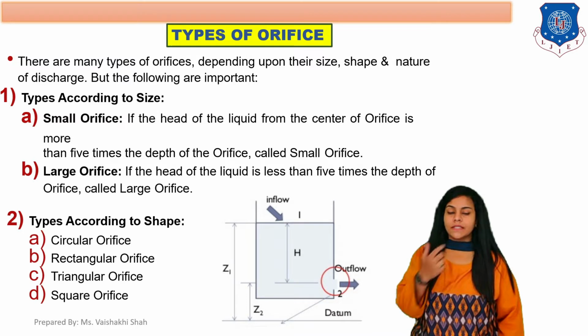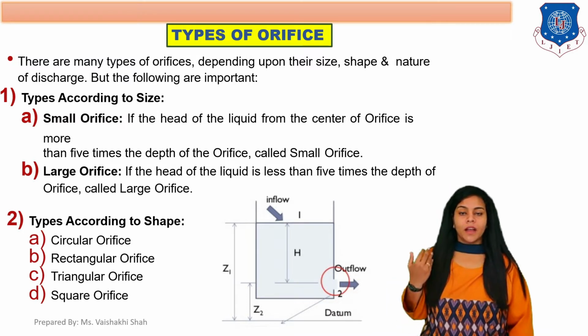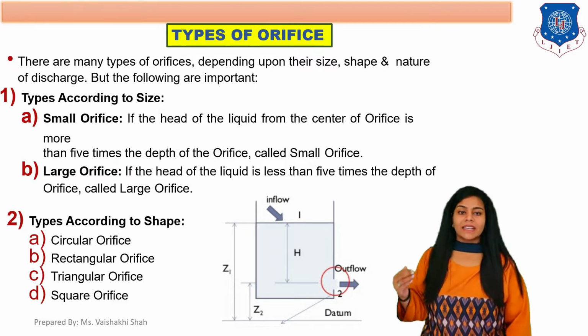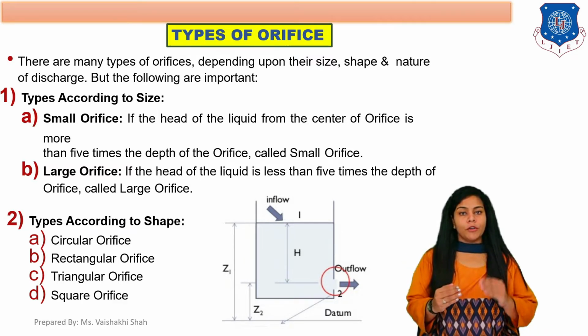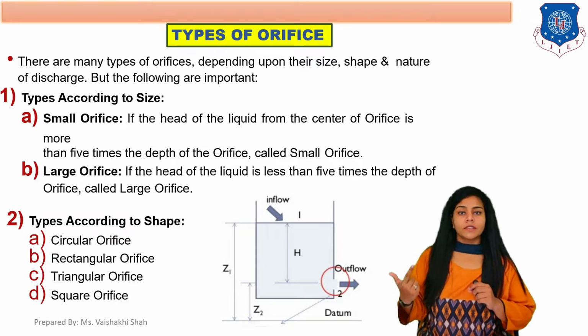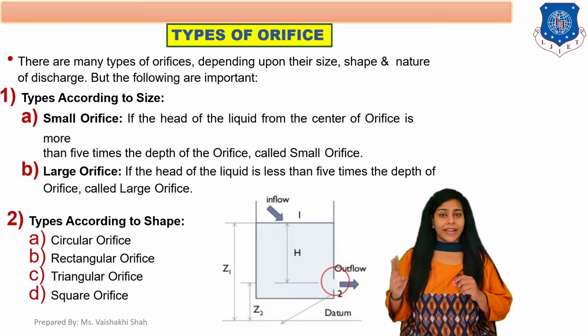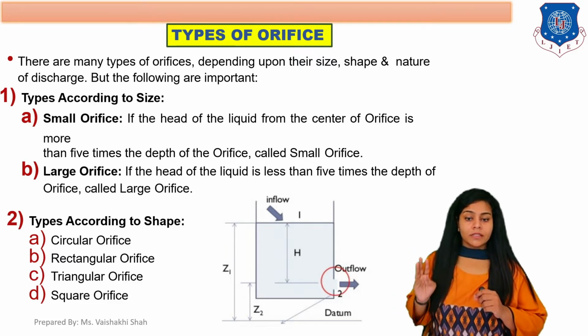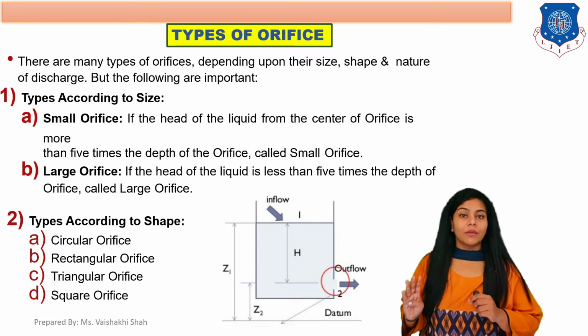Now the second type of orifice is according to shape. Classification according to the shape of the orifice: first is circular orifice, second is rectangular orifice, third is triangular orifice, and fourth is square orifice.